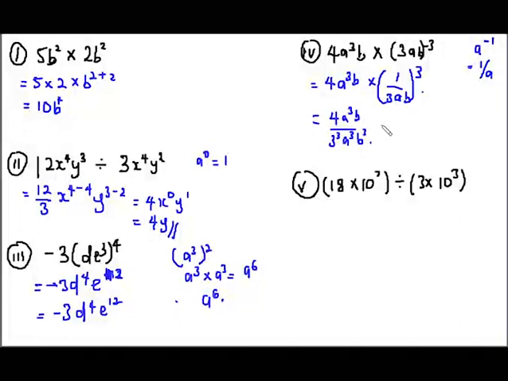So since we have numbers dividing each other, that will automatically reflect as negative in the powers of a and b.